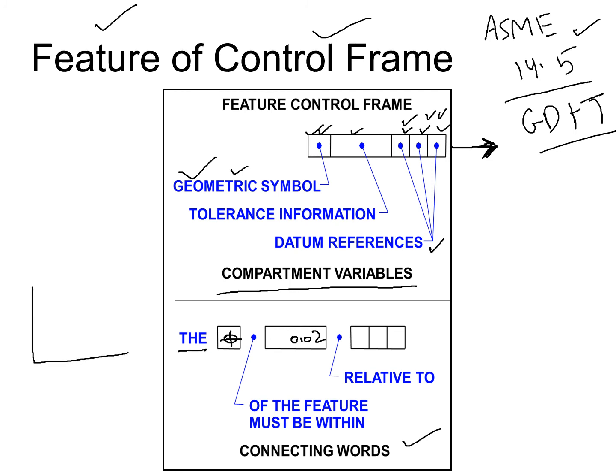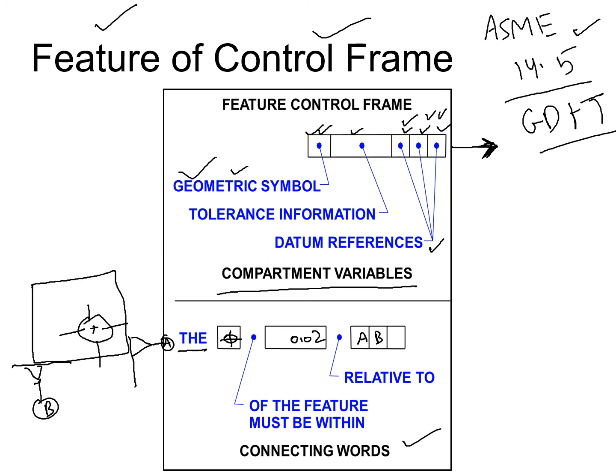Let's say that I am talking about a position of a hole with respect to these two datums. For example, one is datum A and the other is datum B. So the position of the feature must be within 0.02 relative to datum A, B.